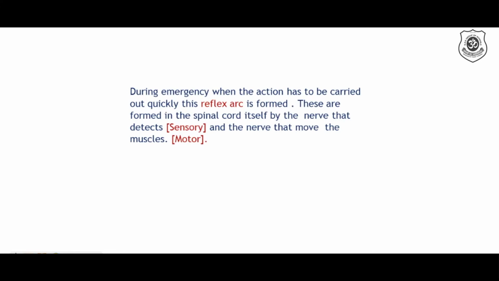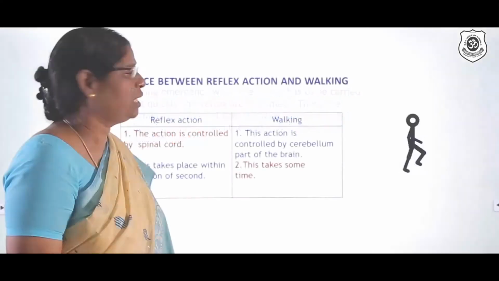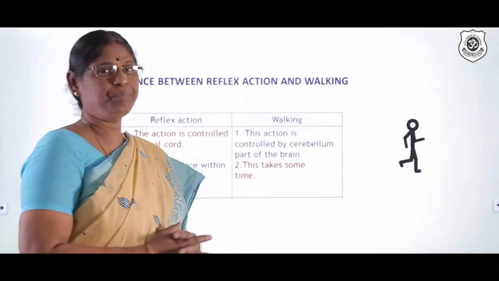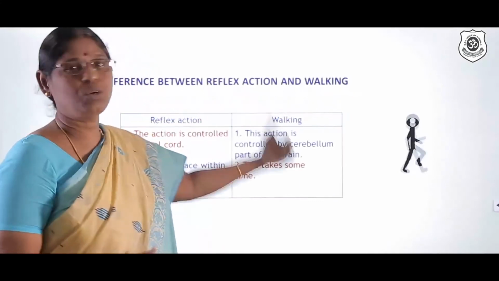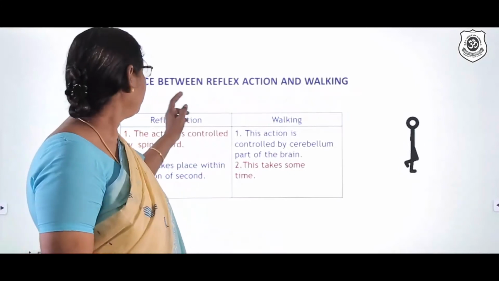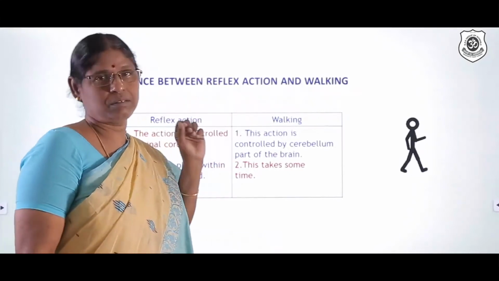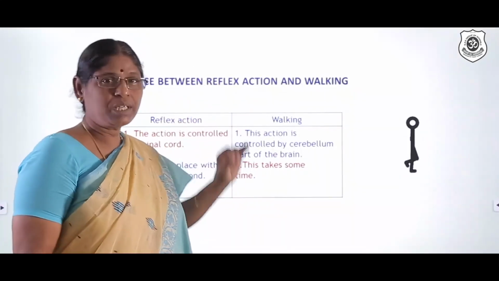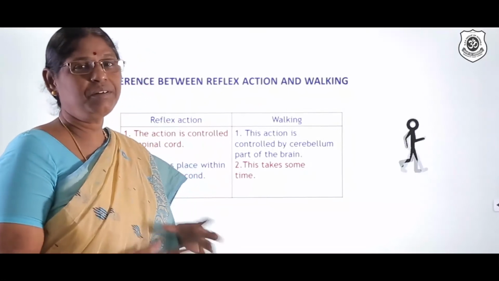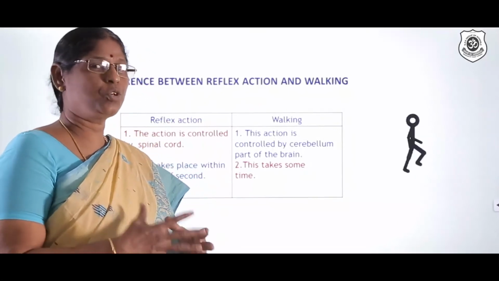These are formed in the spinal cord itself by the nerve that detects, that is the sensory nerve, and then it moves to the motor nerve. Now let us see the difference between reflex action and walking. I told you reflex action is a quick action, and walking is a voluntary action. Voluntary action means which can be controlled by us.